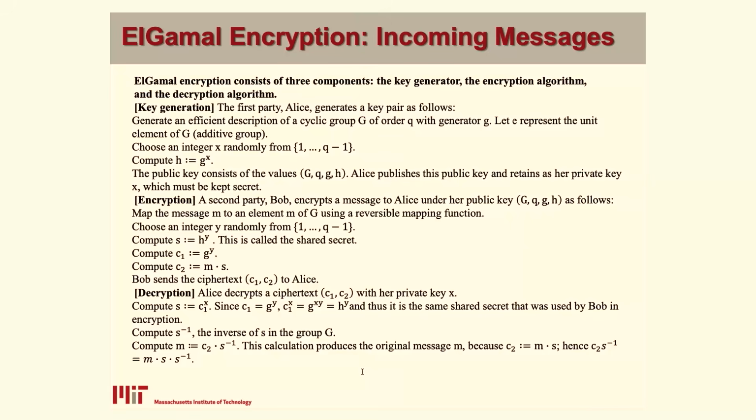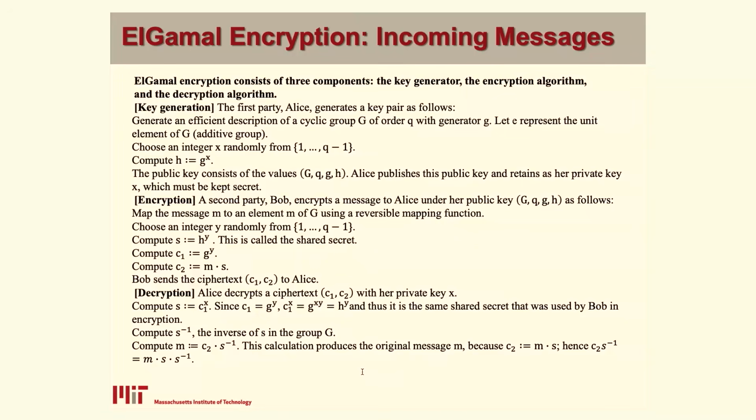Okay, so there's 3 components to doing this: the key generation, the encryption, and the deciphering. So there's Alice and Bob. And Alice is the one who's going to receive the message from Bob.